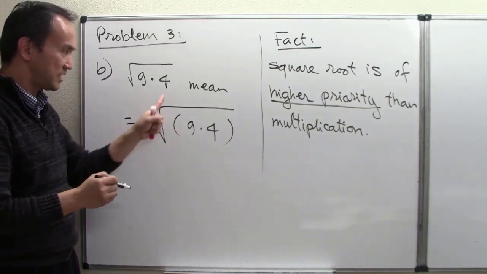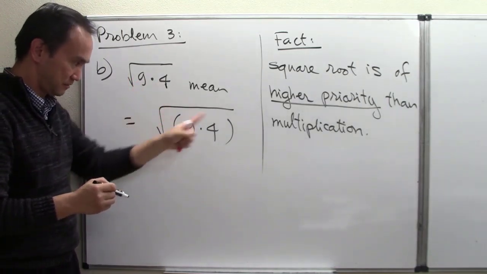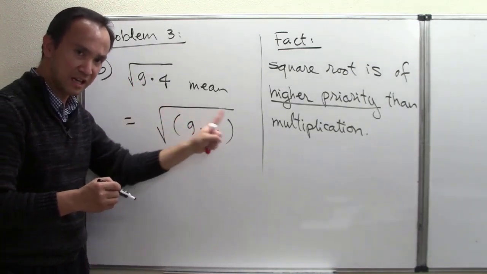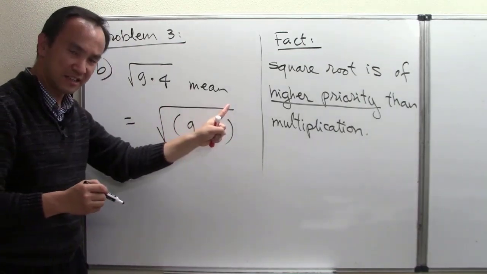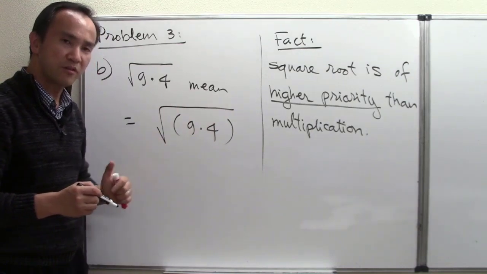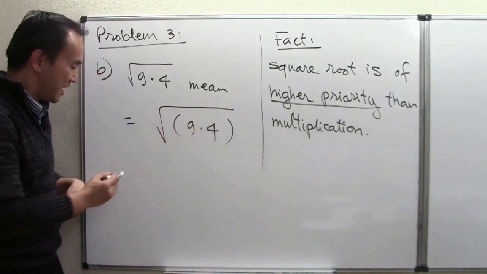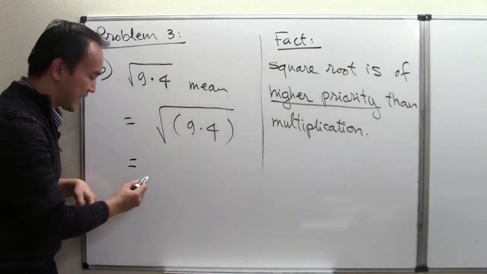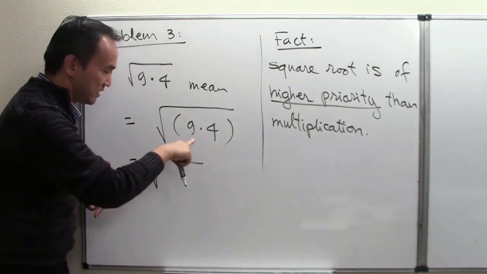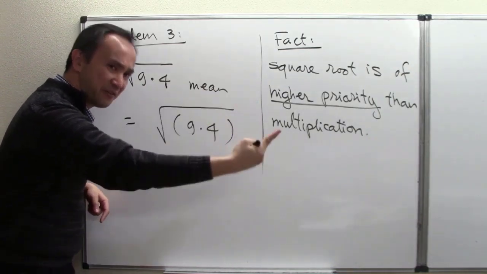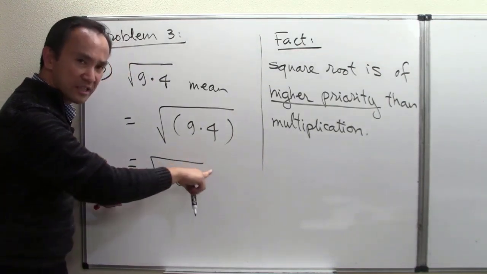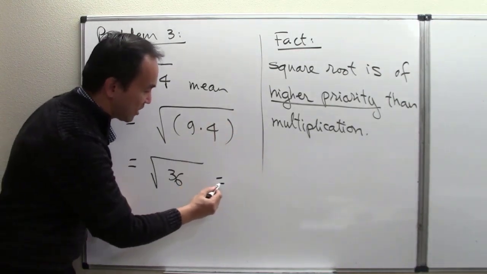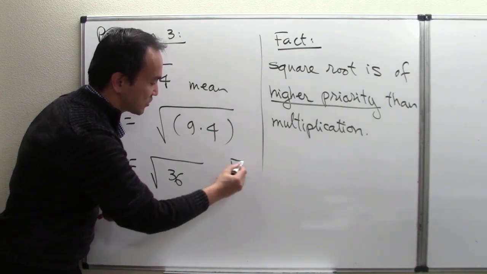So in this case, the product is done in the grouped parentheses, and then the answer is the square root of whatever that product is. So 9 times 4 inside has to be done first. That gives me 36. Now the square root is taken after, and that gives me the answer equals 6.